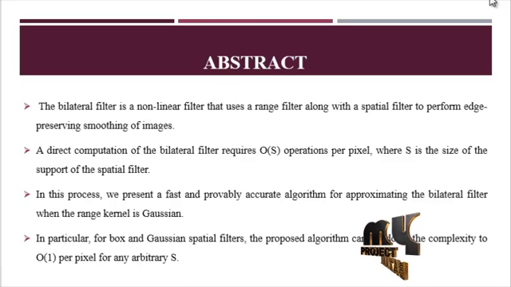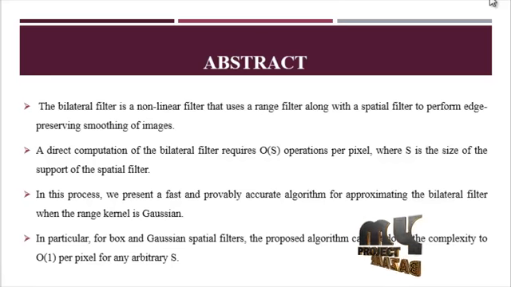The bilateral filter is a nonlinear filter that uses a range filter along with a spatial filter to perform edge-preserving smoothing of images. A direct computation of the bilateral filter requires O(S) operations per pixel, where S is the size of the support of the spatial filter.